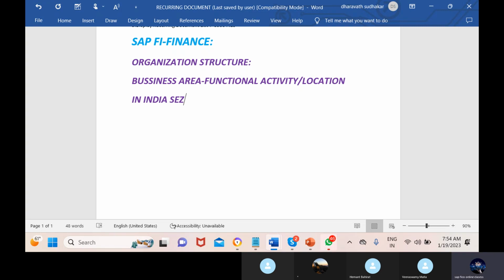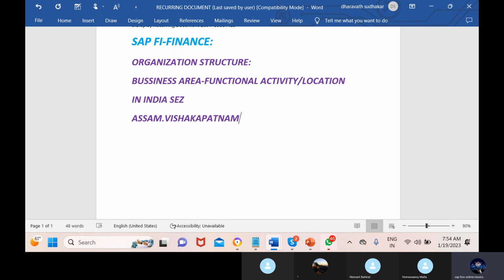The government will provide him some privileges. Now, our friend Hemant has established businesses in Assam and Visakhapatnam.